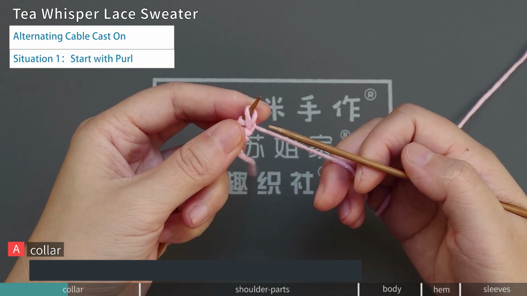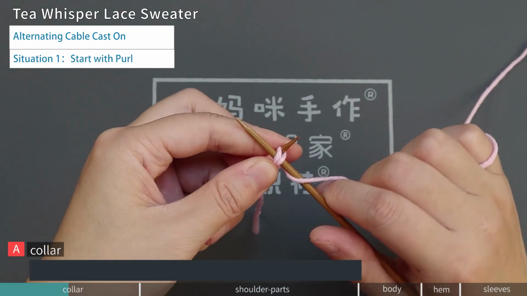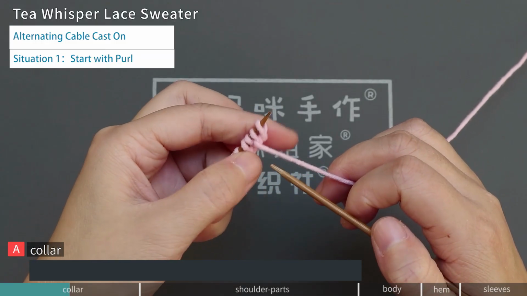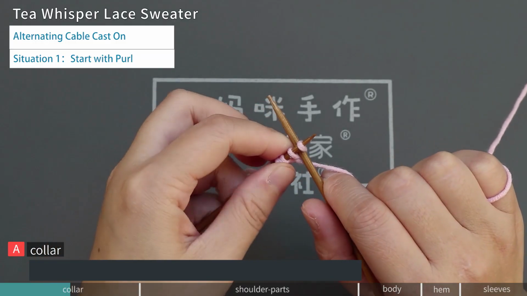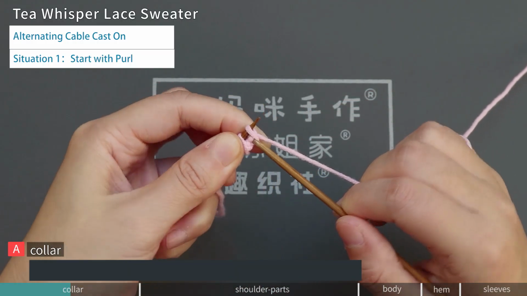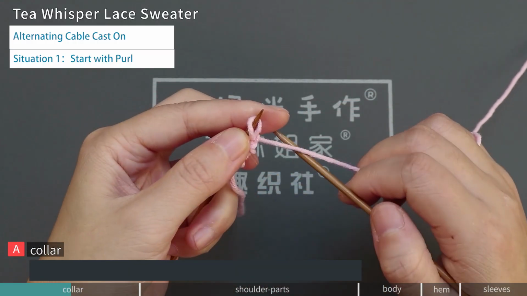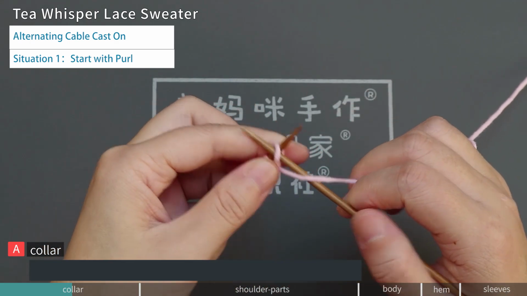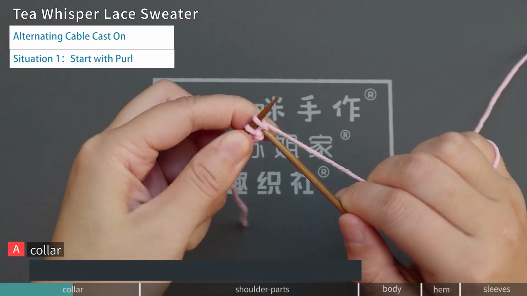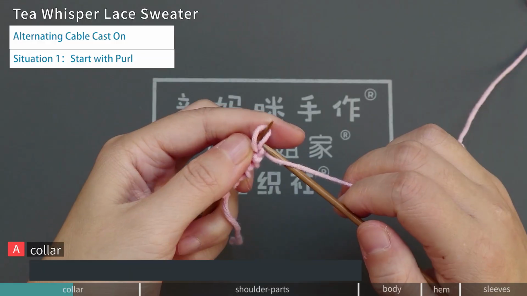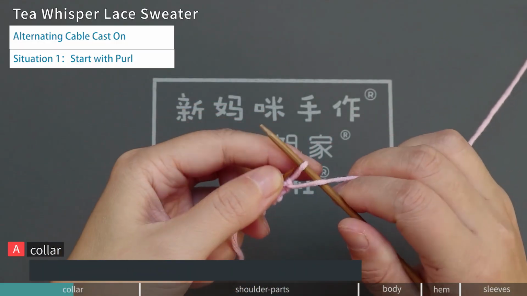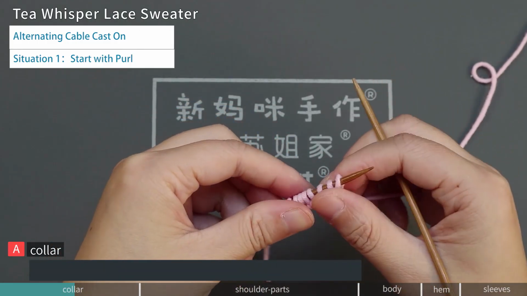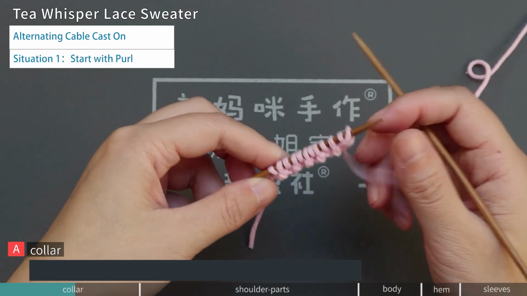If the yarn is below, work a purl stitch cast on. Repeat until you reach the desired number of stitches.